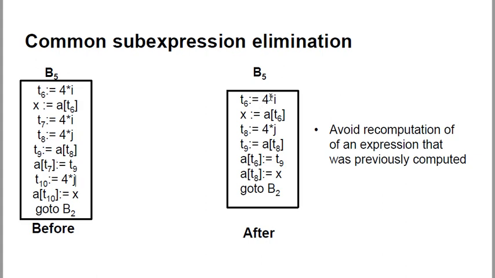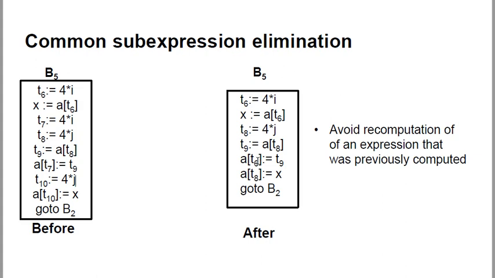As the value of 4 into i is stored in T6, previously it was stored in both T6 and T7, and then T7 is equal to T9 was written. Instead of writing T7, we are writing T6. The code performs the same computation; we are only eliminating the common sub-expressions.